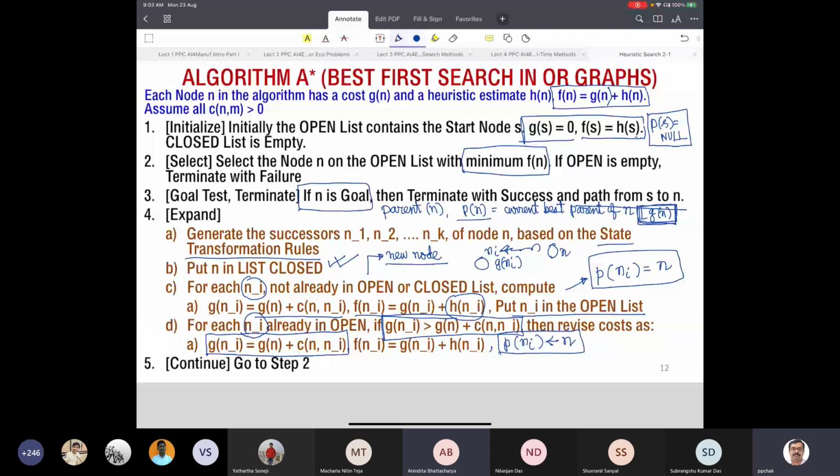Now the question that we may ask is: we just said what to do if it is already in open, what about if it is already in closed? Then we have already visited it with a lesser cost path.